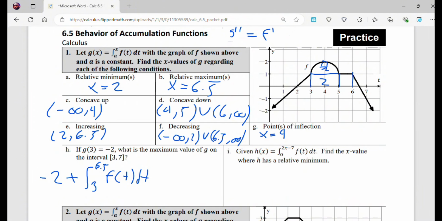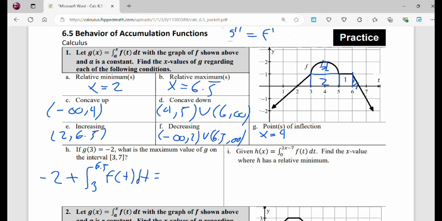The square from 5 to 6 has area s squared, so it would just be an area of 1. Area of a triangle is 1/2 base times height. Our base is 0.5, our height is 1, so 1/2 of that is going to be 1/4.